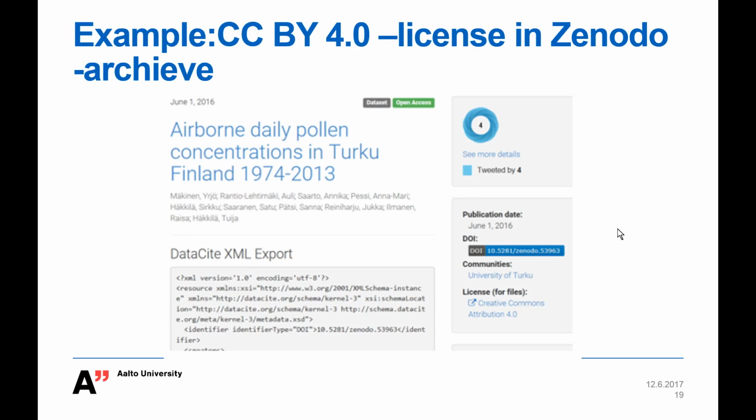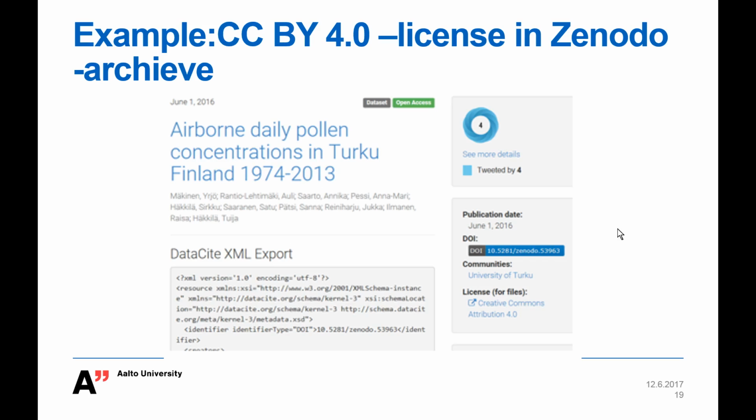Here's an example from the Zenodo data archive. When you look at research data that is published there, you see metadata or data describing the data. You see publication date, digital object identifier, community it's related to, University of Turku, and the license, which is the Creative Commons Attribution license.